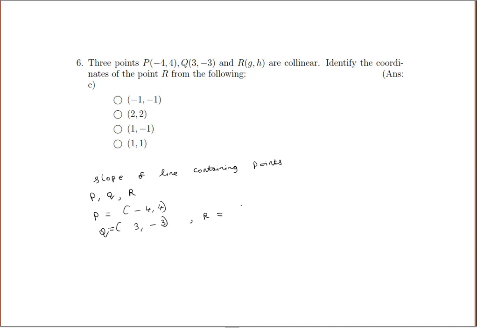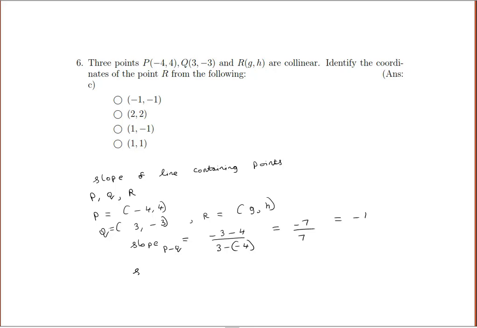And R has the coordinates G, H. So we'll calculate the slope using P and Q points. We put it as P to Q, so we get minus 3 minus 4 by 3 minus of minus 4. So we get minus 7 by 7. Slope is minus 1. So all 3 points are collinear.